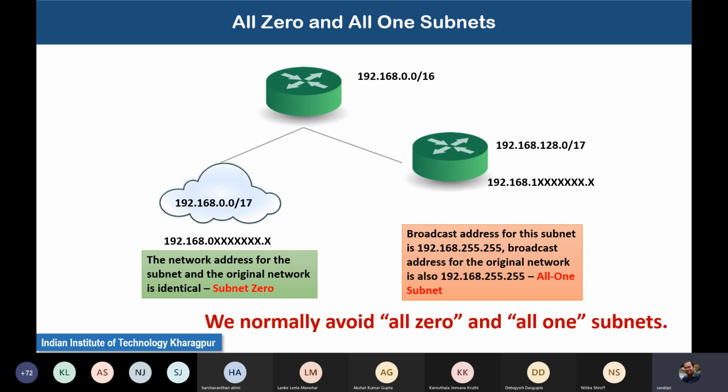So if you broadcast a packet with IP address 192.168.255.255, it is difficult to find out whether you want to broadcast within this subnet or within the original network. Because the broadcast IP for the original network and for the subnet is the same, that is the problem we face if you consider all 1 subnets.